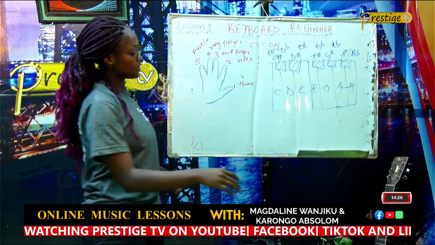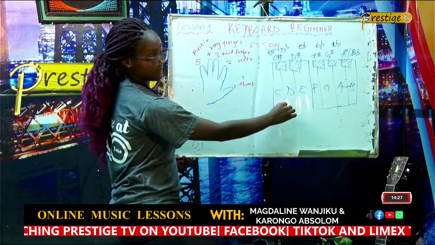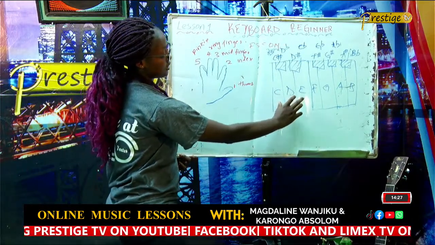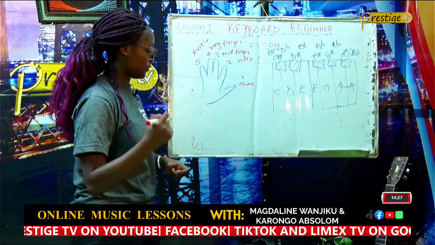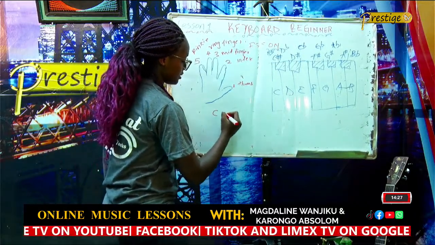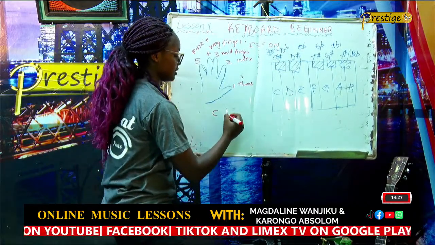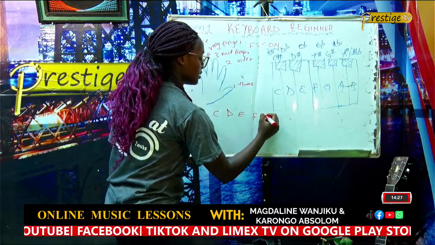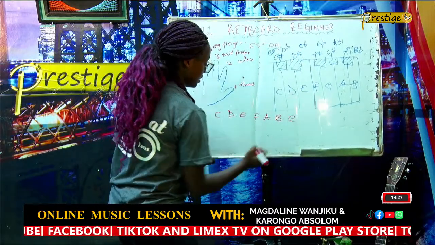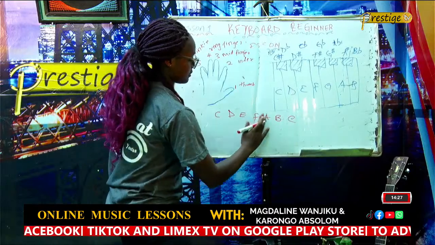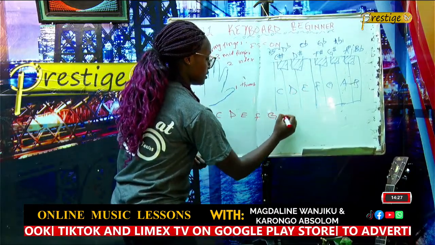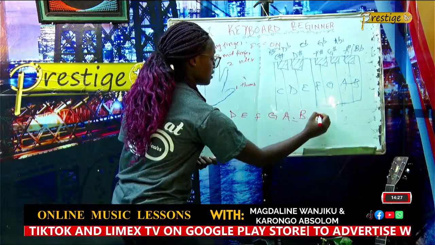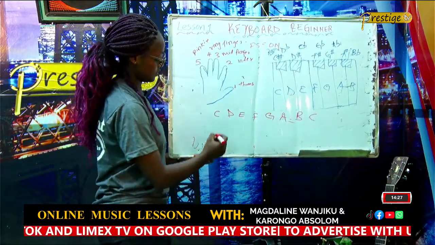So when you're playing, you just place your first finger on C. The sequence for playing the C major scale is C, D, E, F, G, A, B, C. C is 1.